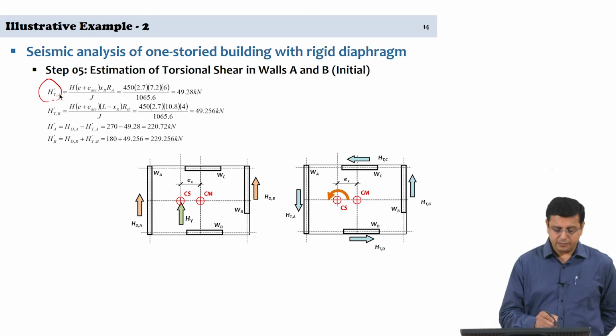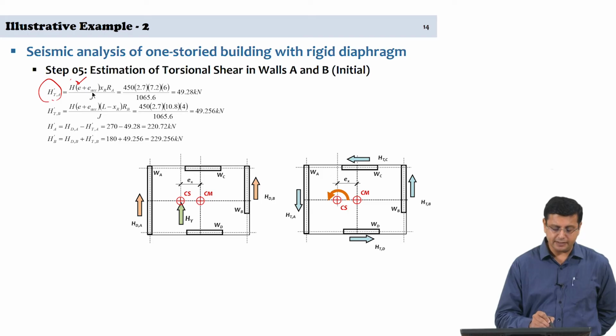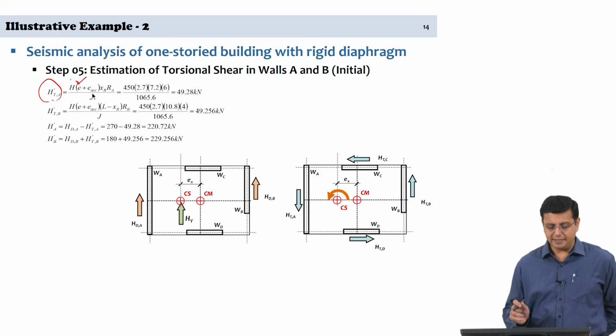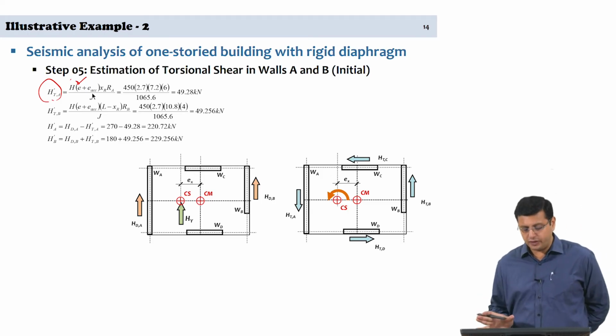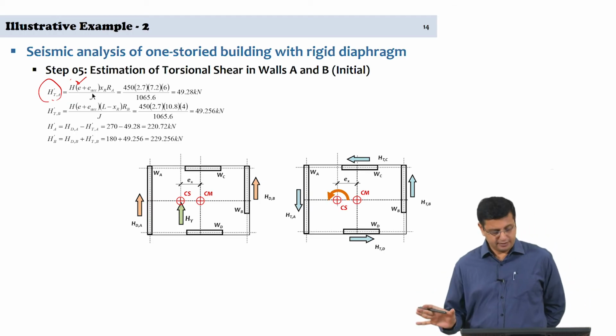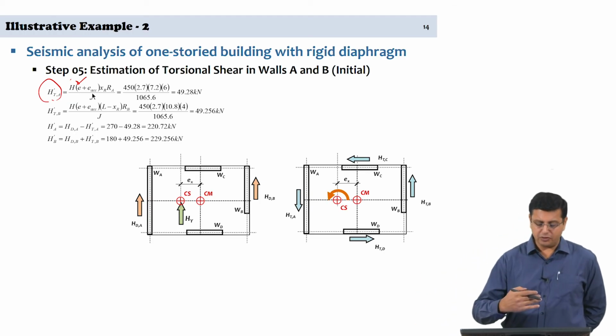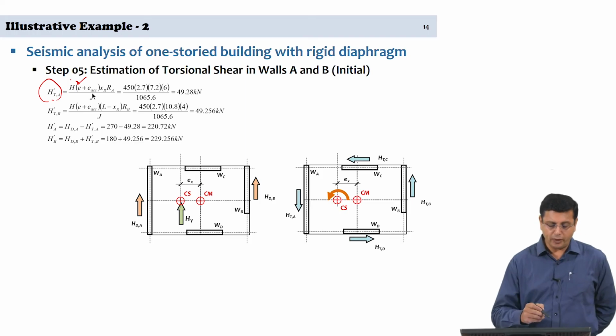So, the estimate of the torsional shear is the shear force in the y direction H into the eccentricity that we have estimated, Ex plus an accidental eccentricity. We will assume as a thumb rule the accidental eccentricity is 5% of the side dimension of the building, the dimension of the building perpendicular to the direction of the earthquake.